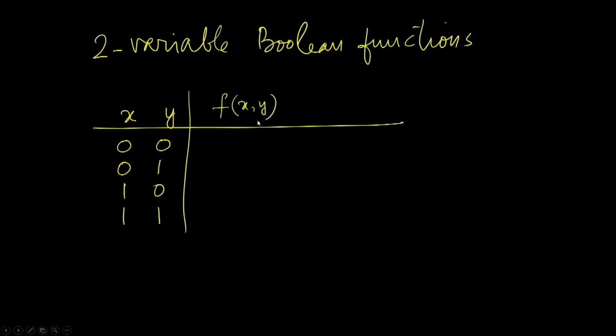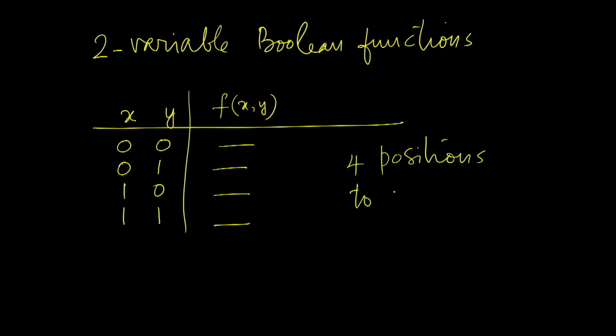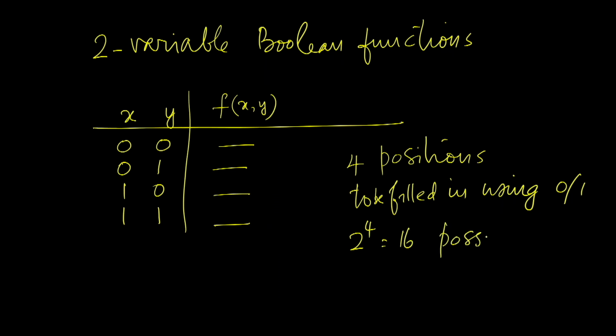F of x y. To specify f of x y, you have to specify a Boolean value at each of these 4 positions. So, there are 4 positions to be filled in using 0 and 1. So there are 2 power 4, which is 16 possibilities.